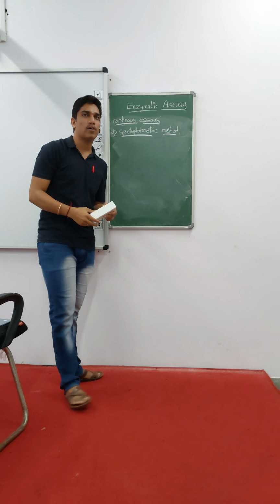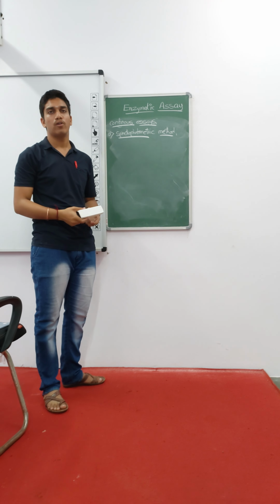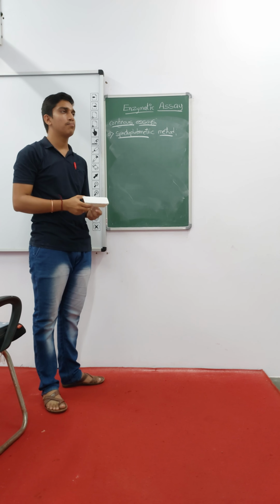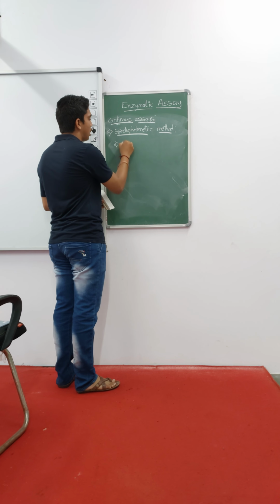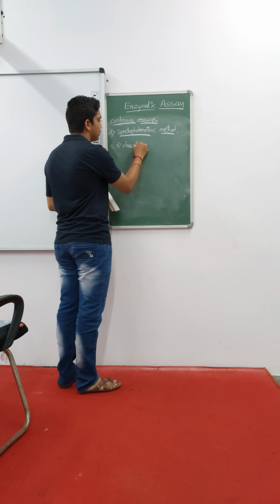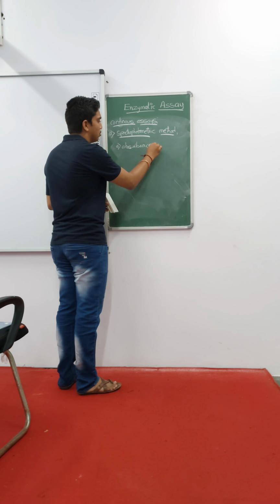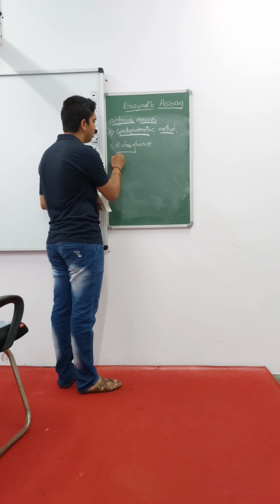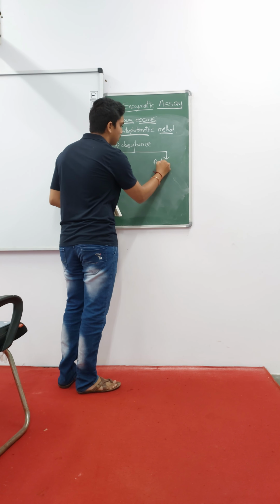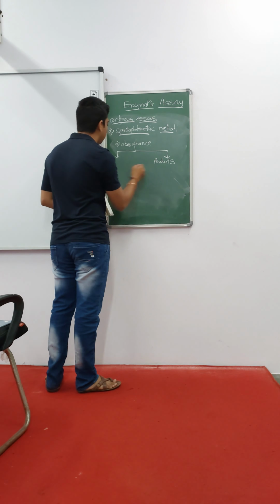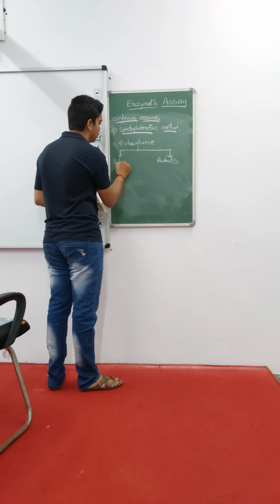As we know, in our laboratory we will be using a spectrophotometer. Using the spectrophotometer, what will we find? First we will find the absorbance of two compounds. One will be for the products and one will be for the substrate.